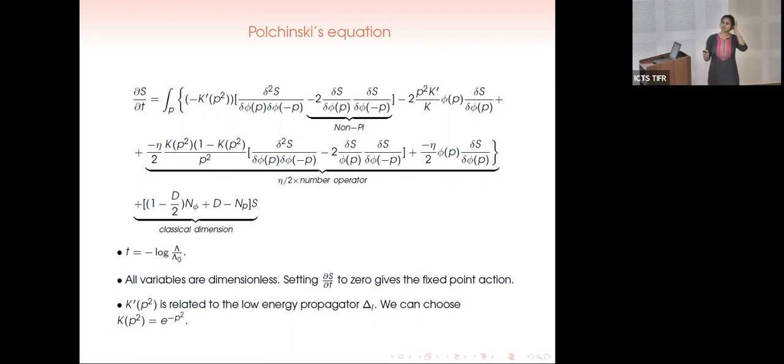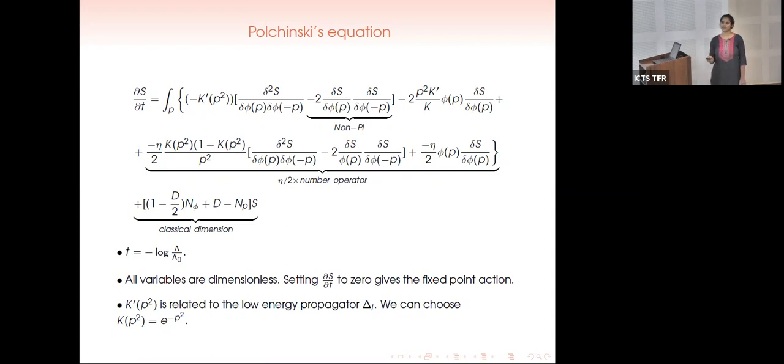So this is the main structure of the equation. In the next slide I will show that this part gives a non-1PI part, and this part gives both 1PI and non-1PI parts, and somehow by cancellation one can find the anomalous dimension, beta functions, etc. Here in this equation, all variables are made dimensionless.